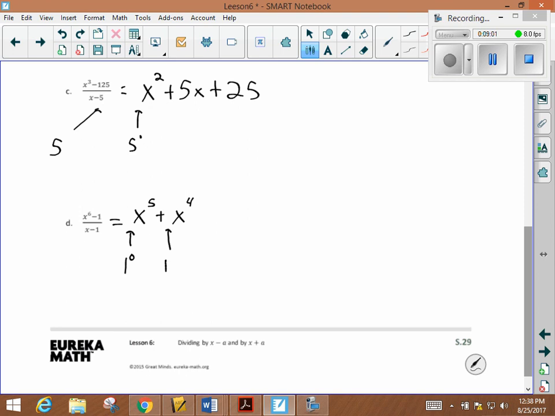And this one is 1 squared, but wait, okay. So essentially, our coefficients are always going to be 1, right? So let's continue on. So x to the 3rd, x squared, x, and then 1, because this is 1 to the 0.